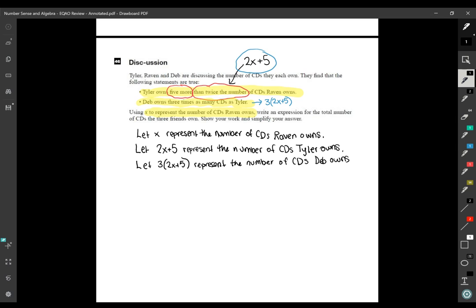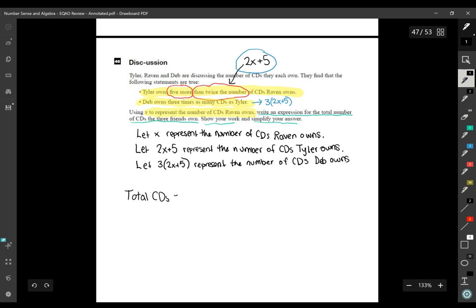Okay, so write an expression. So again, the question says, write an expression for the total number of CDs the 3 friends own. Show your work and simplify your answer. Okay, so total CDs, right?